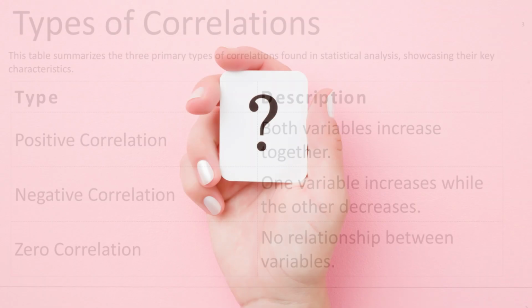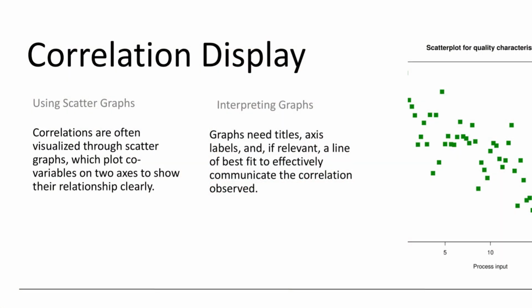So how are correlations displayed? Correlations are displayed on scatter graphs, sometimes called scatter diagrams. Basically, you're putting a box on your graph where the two variables meet. What we then do is try to see if there's a pattern, if we can put a line of best fit.